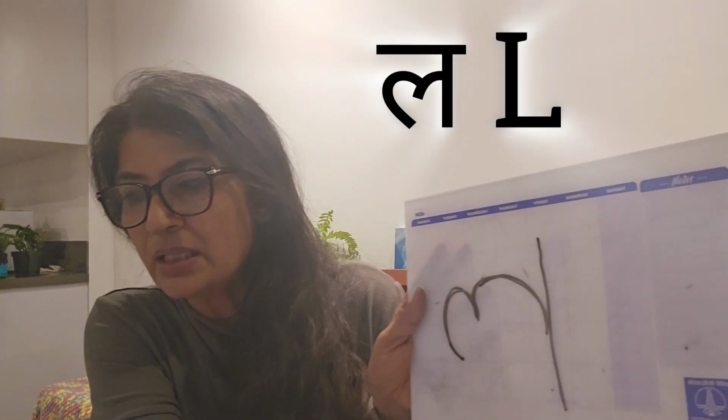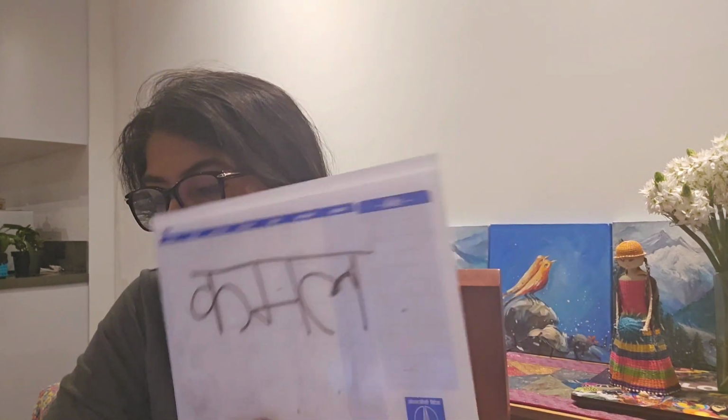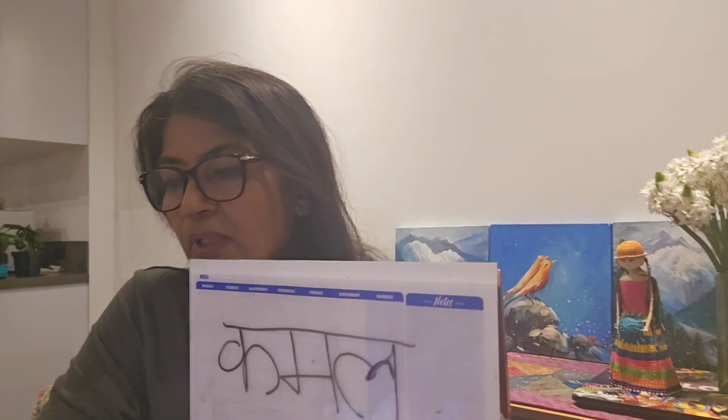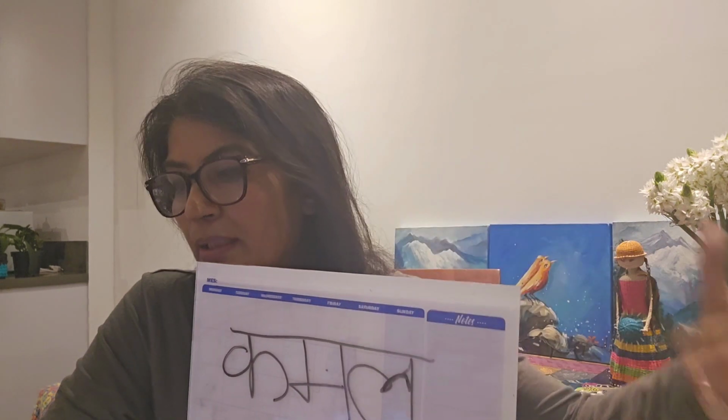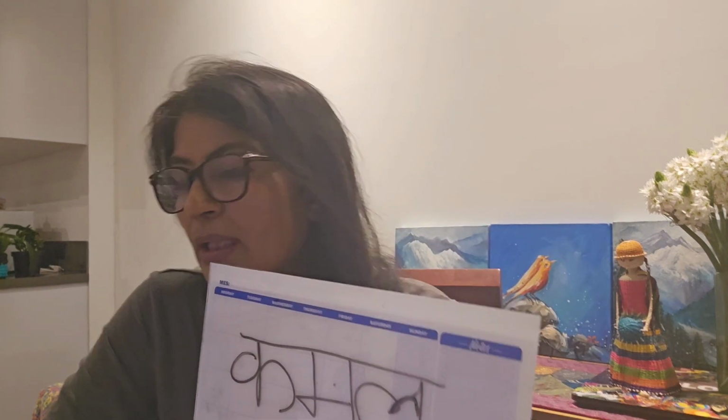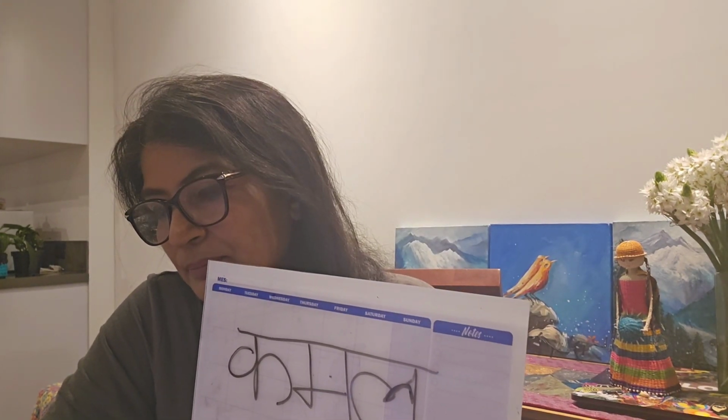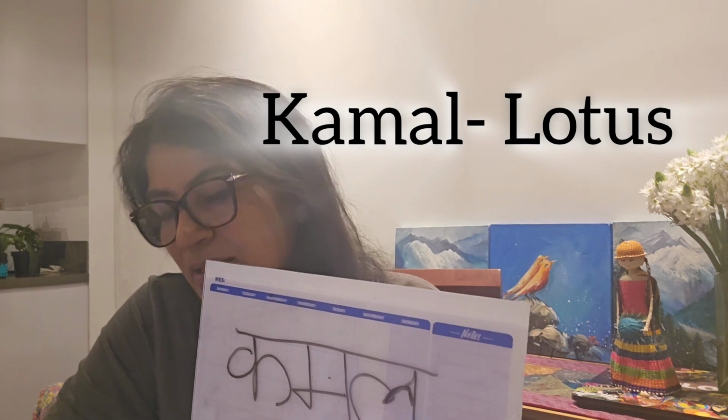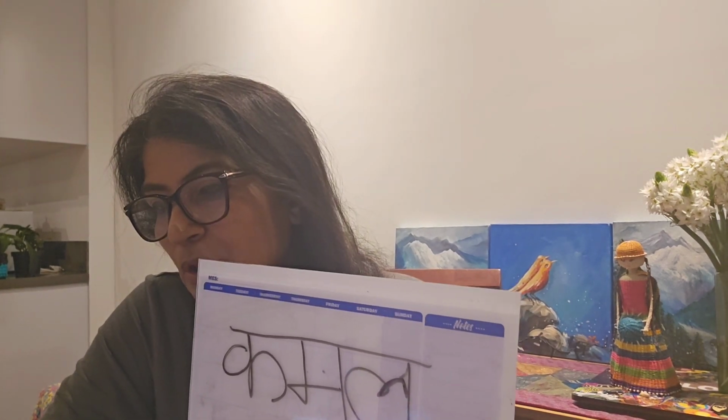So basically, if you write a 3 like this, then this becomes my L. K, M, L. Kamal, Kamal, Kamal. Kamal means lotus. Lotus? Yes. The flower.